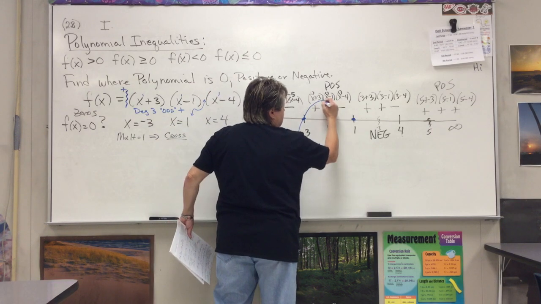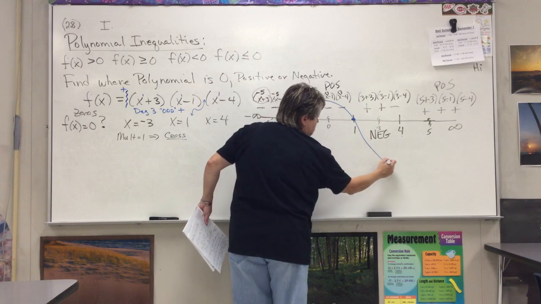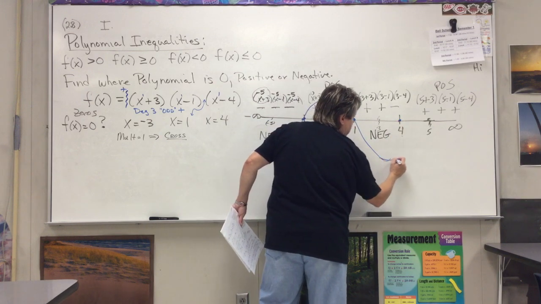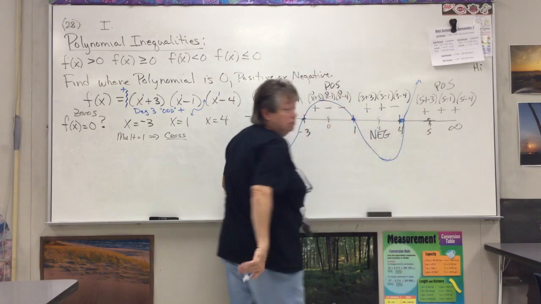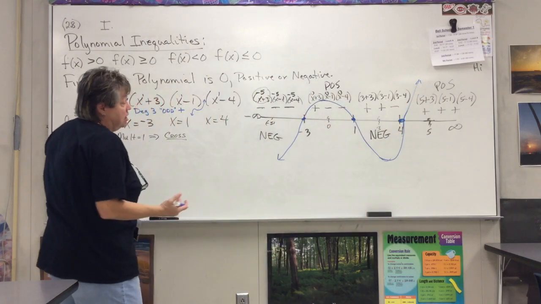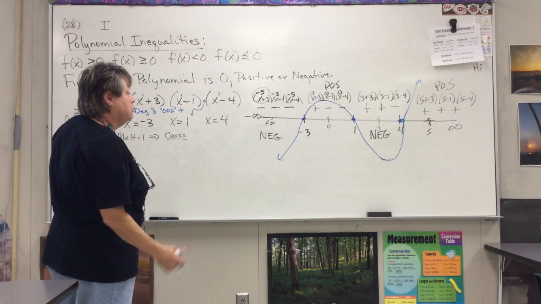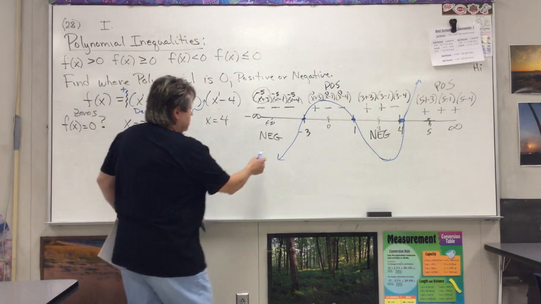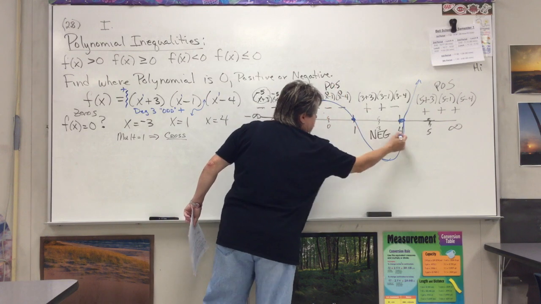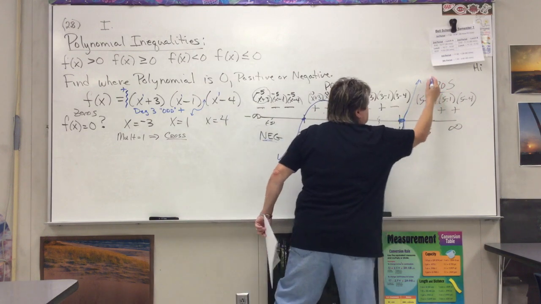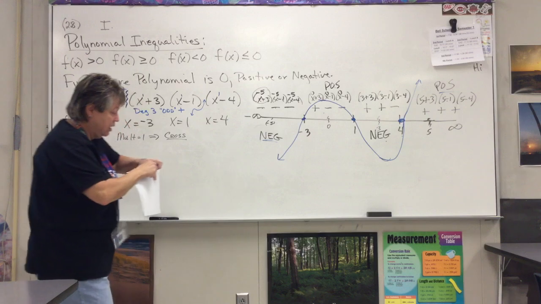I come back to the next 0, I'm going to cross. To the next 0, I'm going to cross. Oops, and I missed. Make that bigger, and it keeps going. Okay, so how does that fit our sign chart? Did we figure the positive and negatives correctly? Well, look here. We have a negative, positive, this section negative, this section positive. It sure looks like we have that correct.